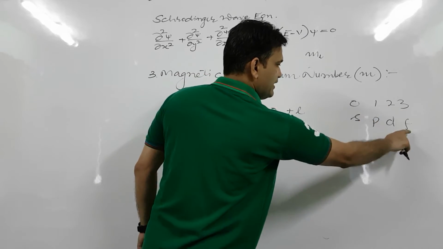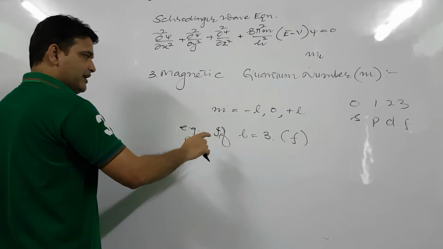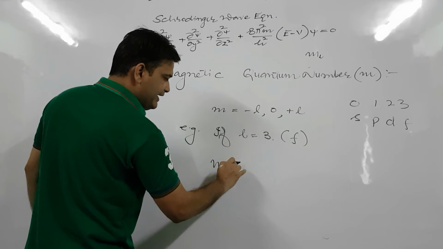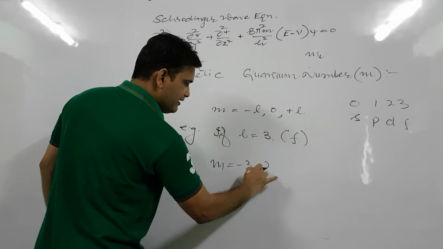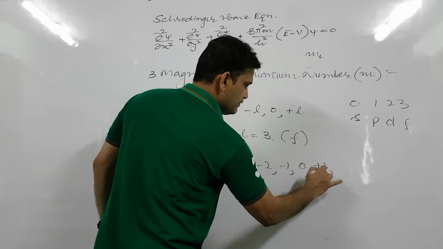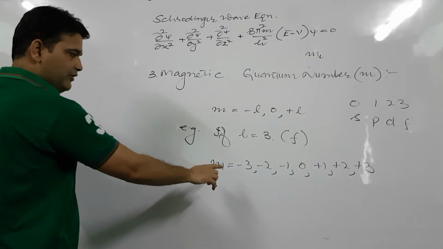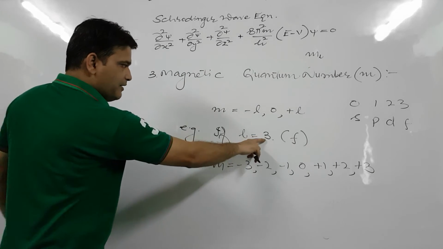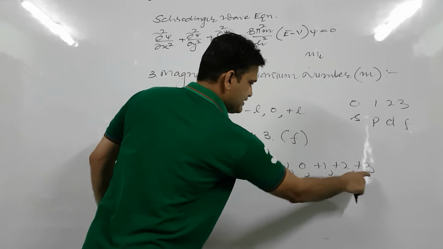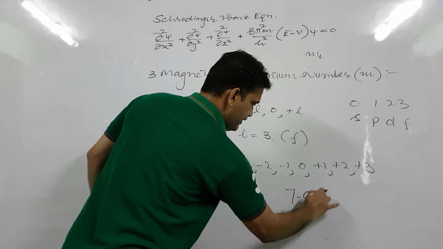When L is equal to 3, the subshell is F. And now M will be from minus 3 to plus 3: 1, 2, 3, 4, 5, 6, 7. Means there are 7 orbitals.